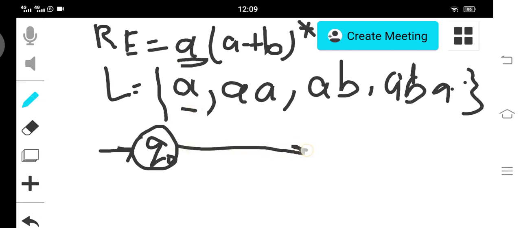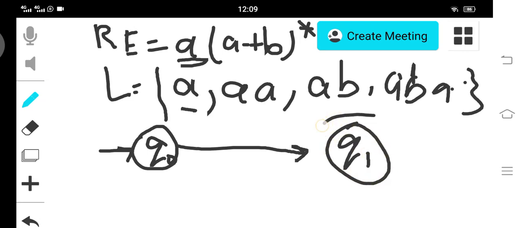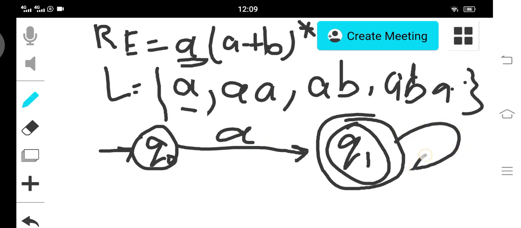So for a, it goes to the final state q1. Then any combination of a, b will lead the substring in the final state. So we apply this one, so it leads to the final state.